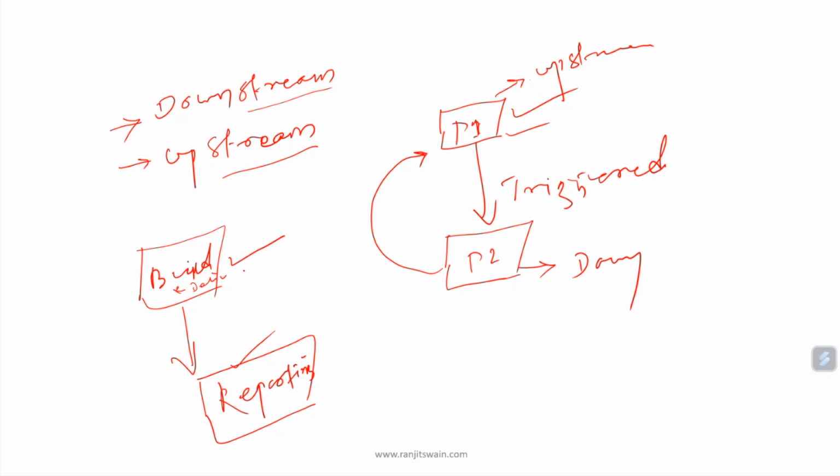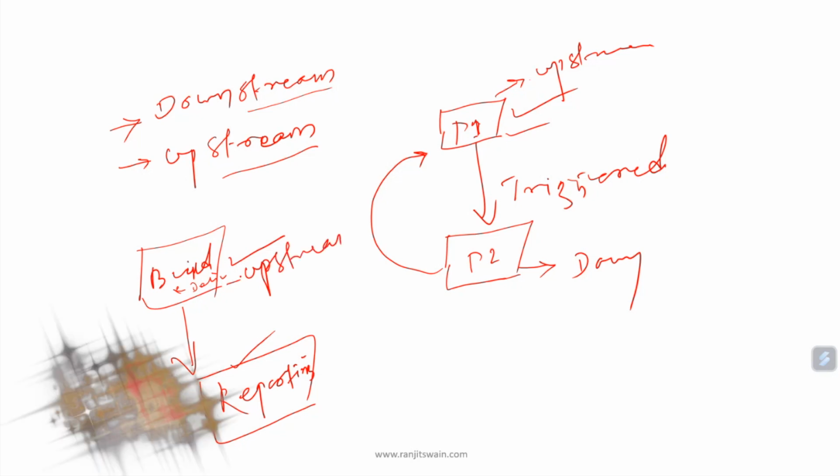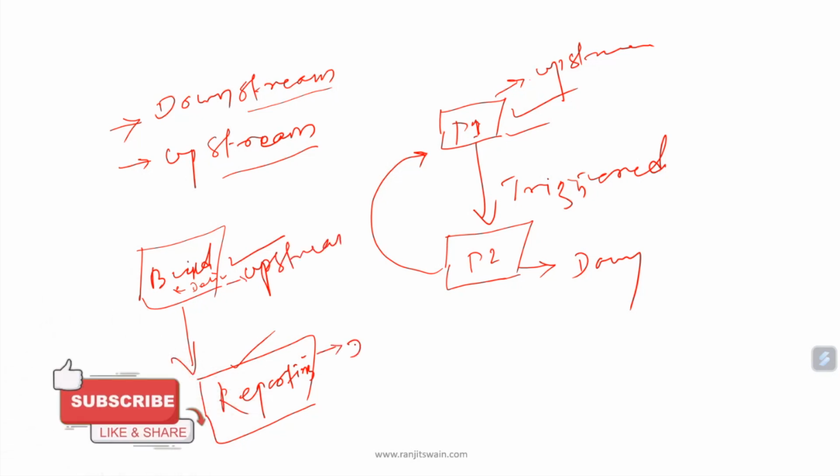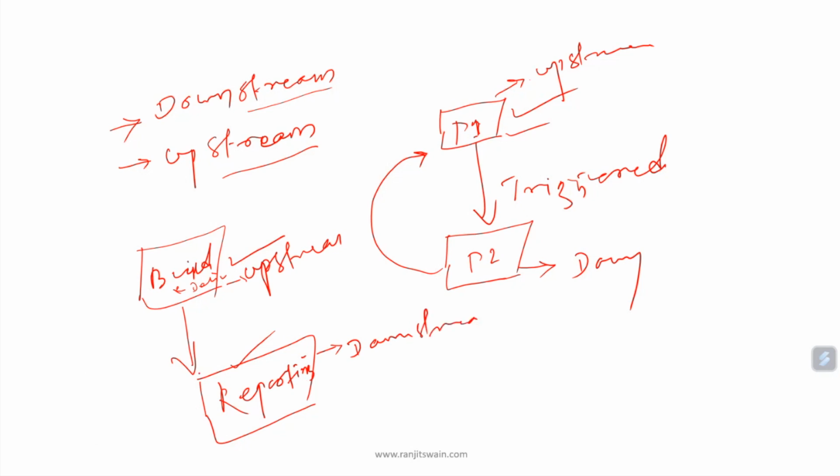Then you have to make the build job upstream, and the reporting job will become the downstream job. It is dependent on the build job. Until the build job is completed, it will not trigger. Now it is automatic, right?